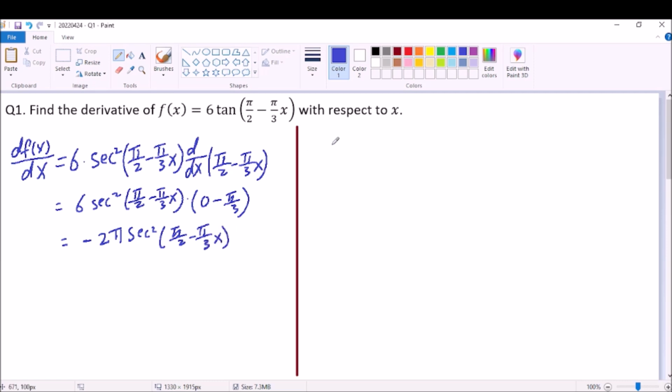Alternatively, we can also differentiate using the chain rule. Let u(x) equal pi over 2 minus pi over 3 x. Then our f(x) will be equal to 6 tangent u(x).